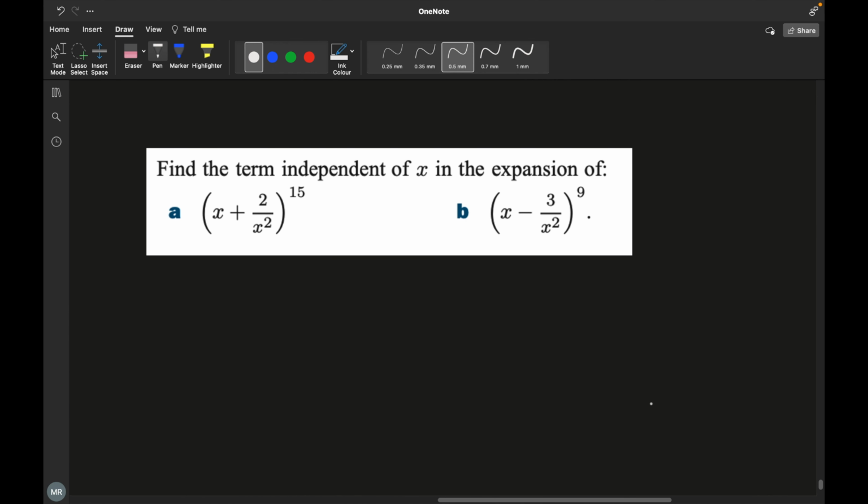Find the term independent of x in the expansion of this. The meaning of independent of x is that there's no x term, it's x to the power of 0. It's just going to be a constant. Let's expand this.